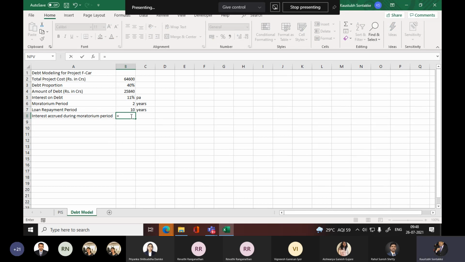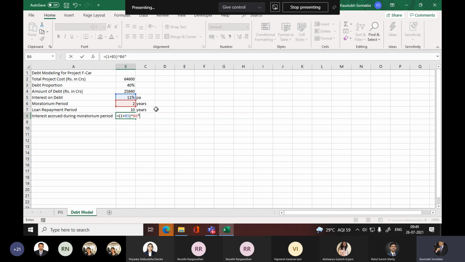Say is equal to, in bracket, 1 plus B5, 11%, bracket complete, raised to B6, which is 2 years, multiplied by, so what we are trying to calculate is 2 years interest on compounding basis.